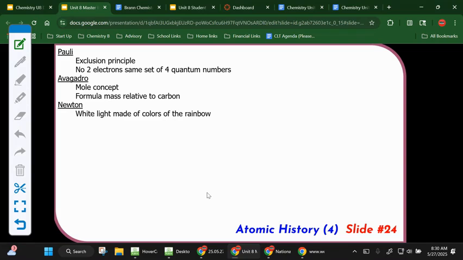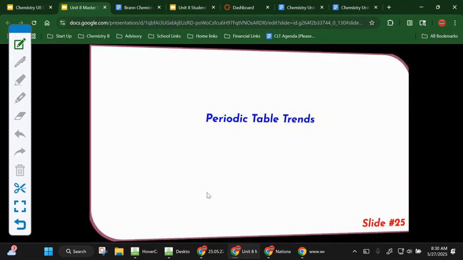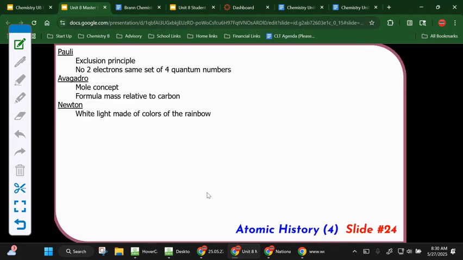And what happens, ladies and gentlemen, when electrons move around from one energy level to another, takes energy to move up to a higher level. You take away that energy, they move back down and release that energy. When they release that energy, it's one of the forms of light. Red, orange, yellow, green, blue, indigo, violet. Okay? White light is made up of all of the colors of the rainbow. That's it. That's the last guy. Awesome. Questions?